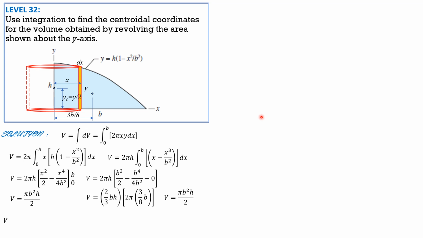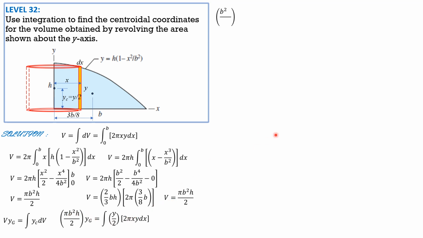So it checks. Then volume times y sub g equals integral of y sub c dV. y sub c is just y over 2. So pi b squared h over 2 times y sub g equals integral of y over 2, then 2 pi x y dx. Let's go back to this first. So cancel 2, cancel pi.